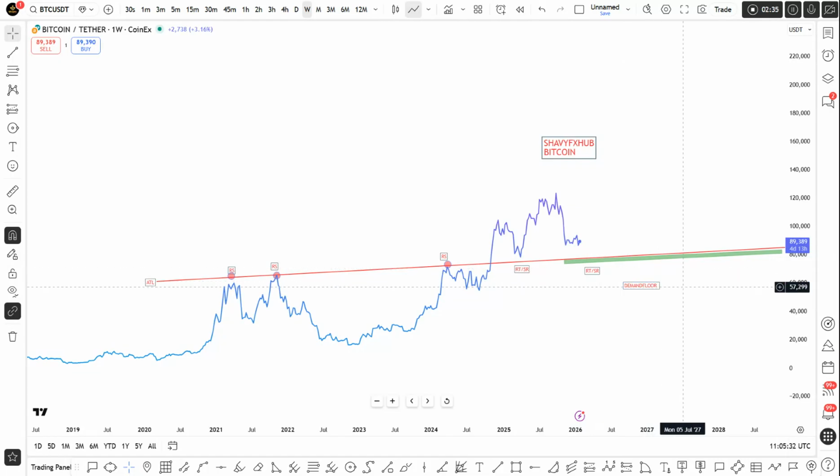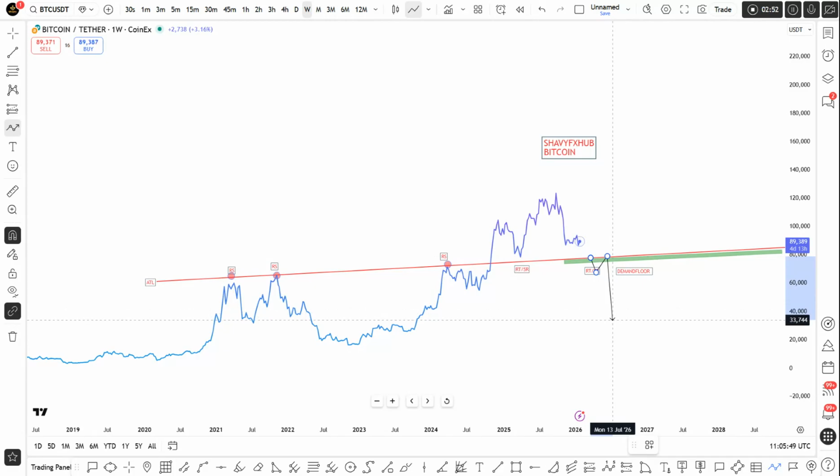So what I'm expecting now is a technical breakout from this structure. Believe it or not, it's a sell confirmation on retest and we go down. And if we are going down, where do I like? I like this structure here.